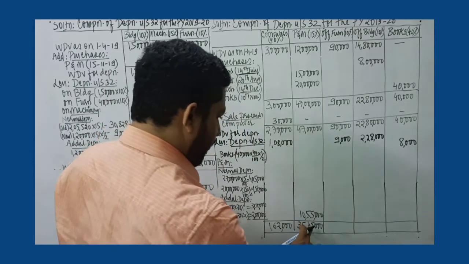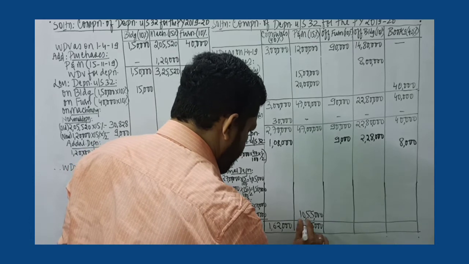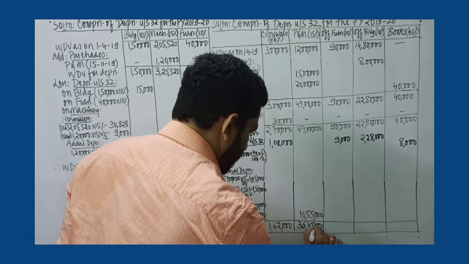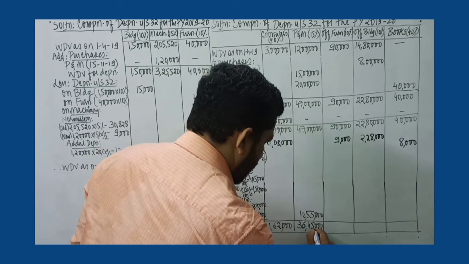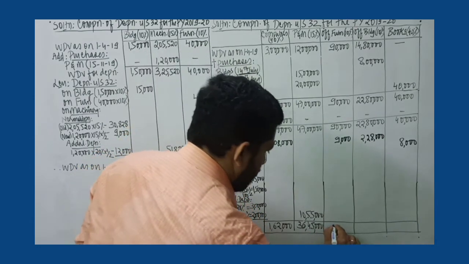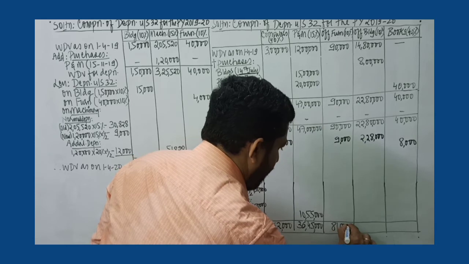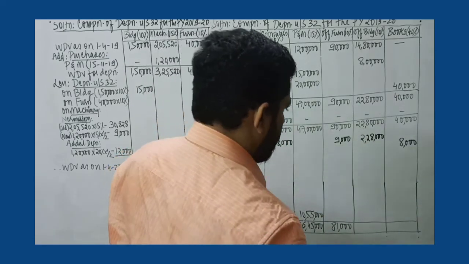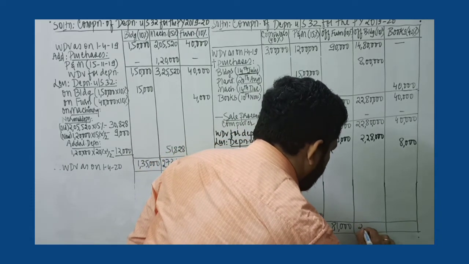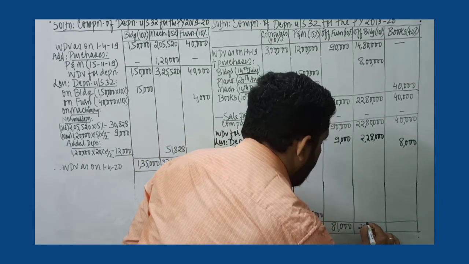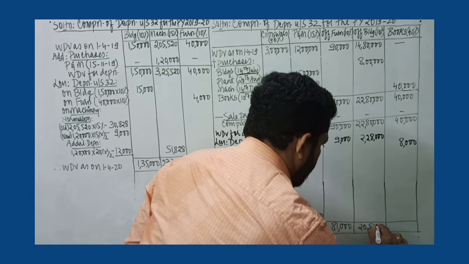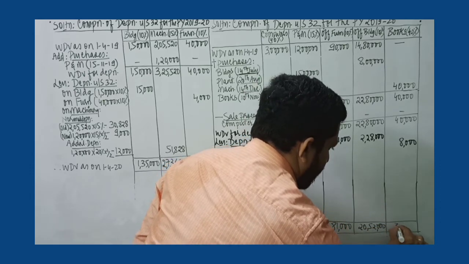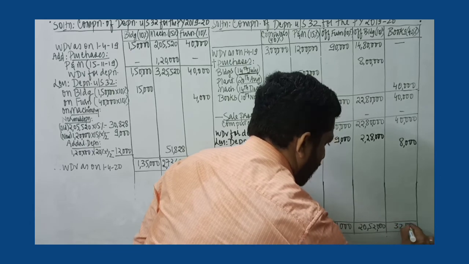So it will be 36 lakh 45,000 after depreciation. This would be 81,000. This would be 22 lakh 80,000. So it will be 20 lakh 52,000, and 40 minus 8 would be 32,000.